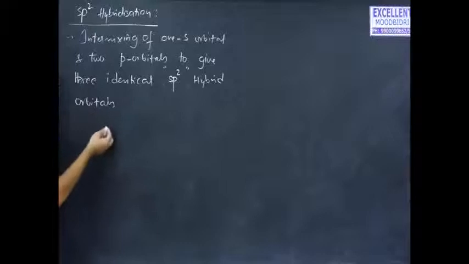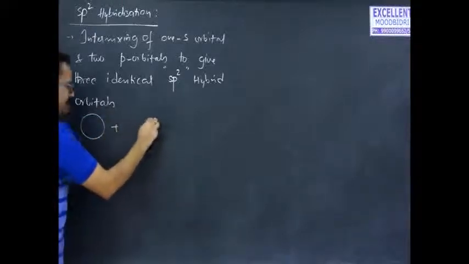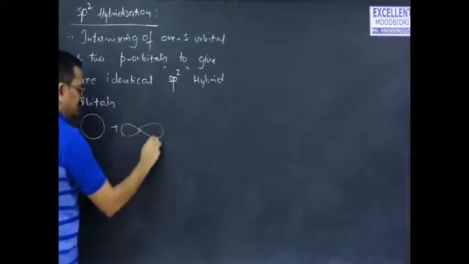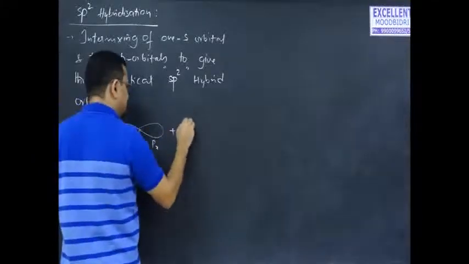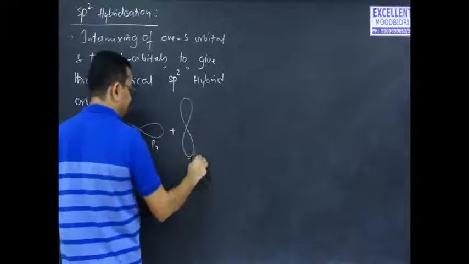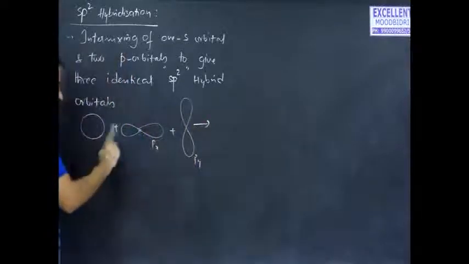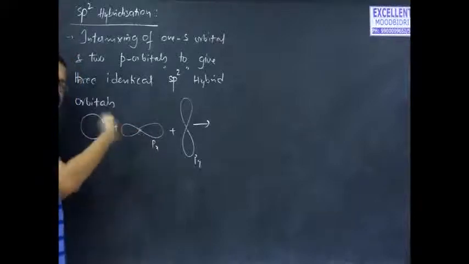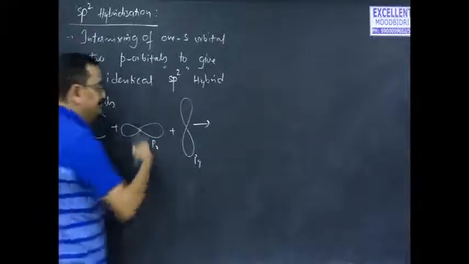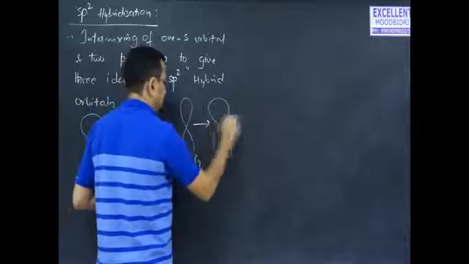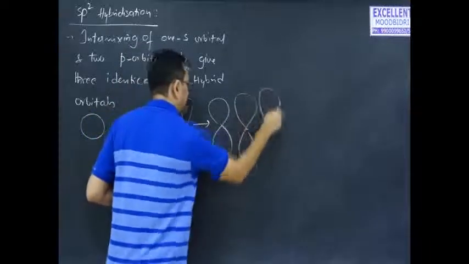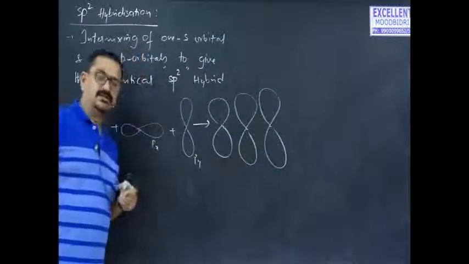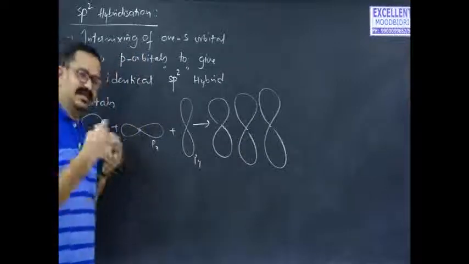Means from the valency shell of a given atom, one s orbital which is spherical and two p orbitals, suppose this is px and let us take another orbital as py. Before hybridization they are of different shapes, different energies, different orientations, but after mixing, those three are of exactly the same shape.